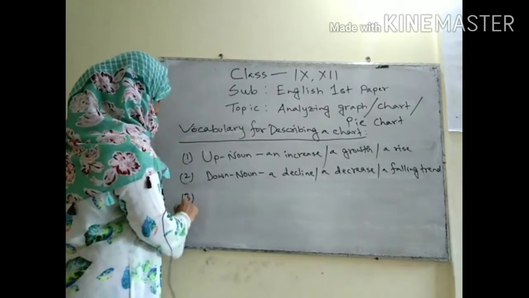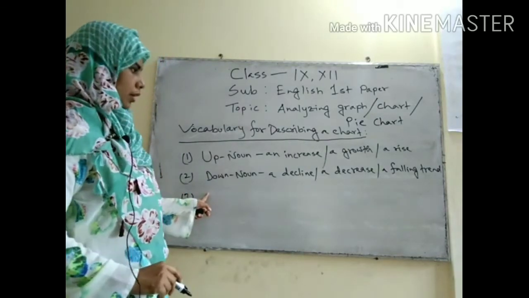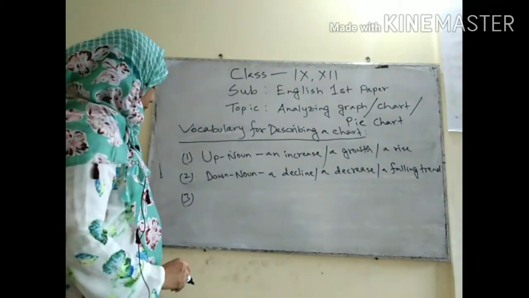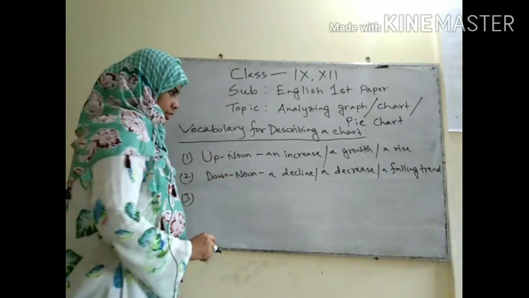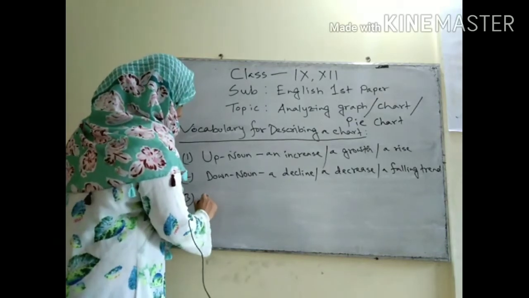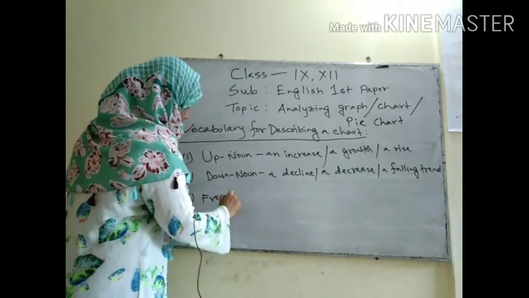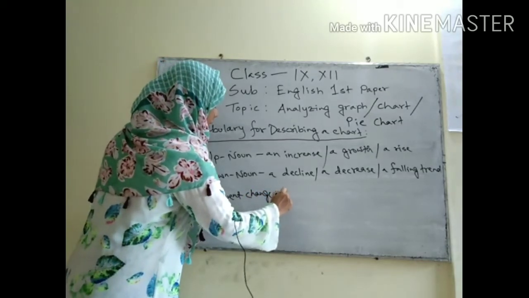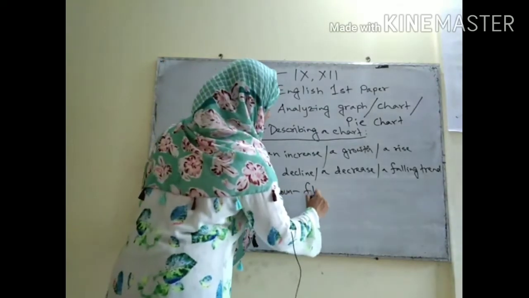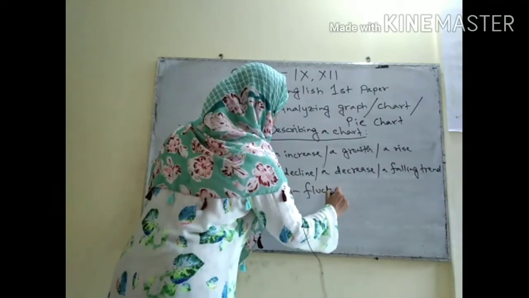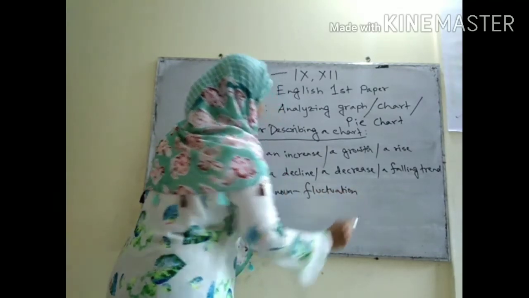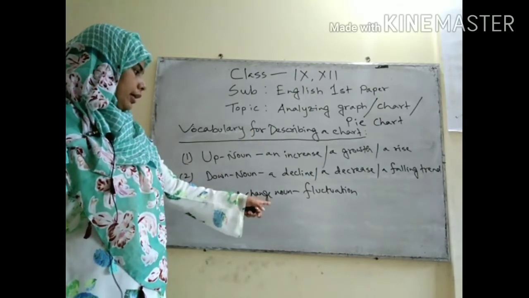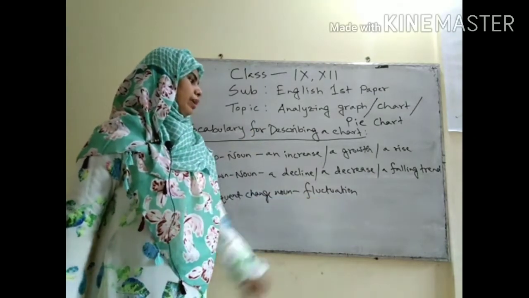Then if there is fluctuation in the chart, that means frequent change, noun, fluctuation. If there is something which changes frequently, then we can use this noun, fluctuation.